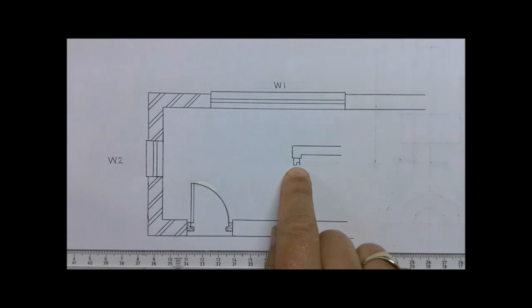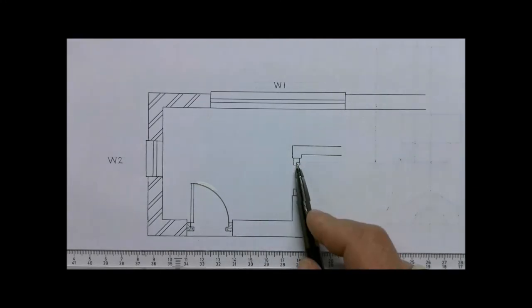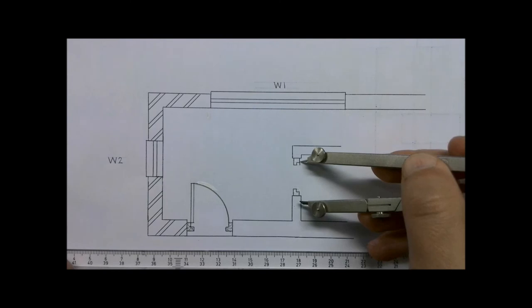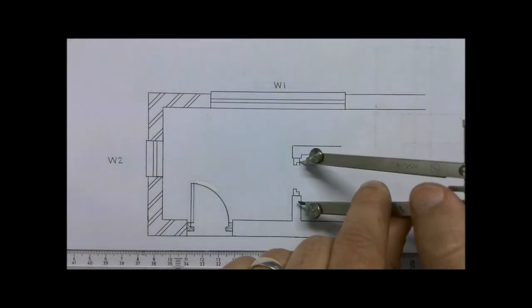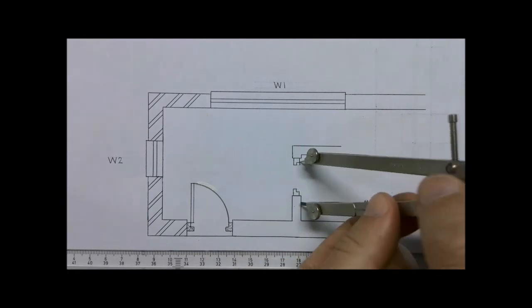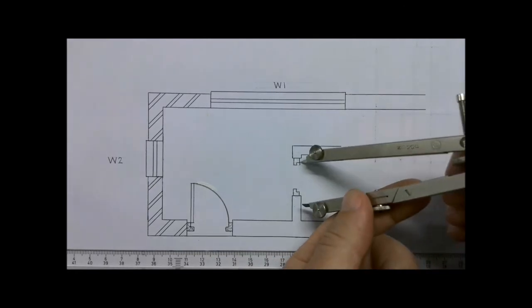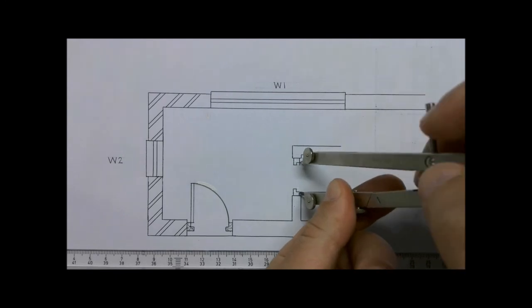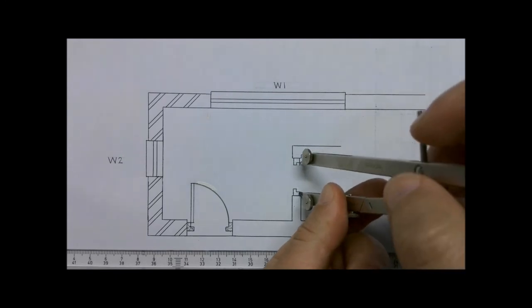Note I have not put a little line from this side to that side there at all. Okay, and then I'm going to rely on the size given for the door. Put it on my pivot point. I'll open up my compass to the size of the door swing, where the door swing is needed.